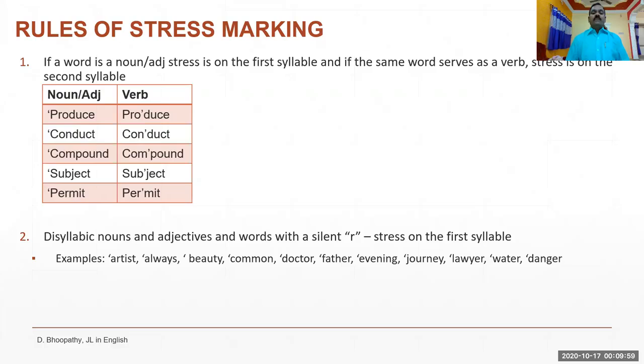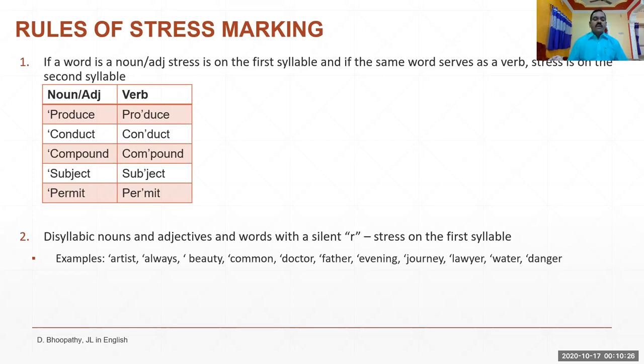Compound, compounding, the process of compounding. Subject, permit. As a noun, the first syllable is the stressed syllable. As a verb, the same word, the same number of syllables, but the second syllable is the stressed syllable.